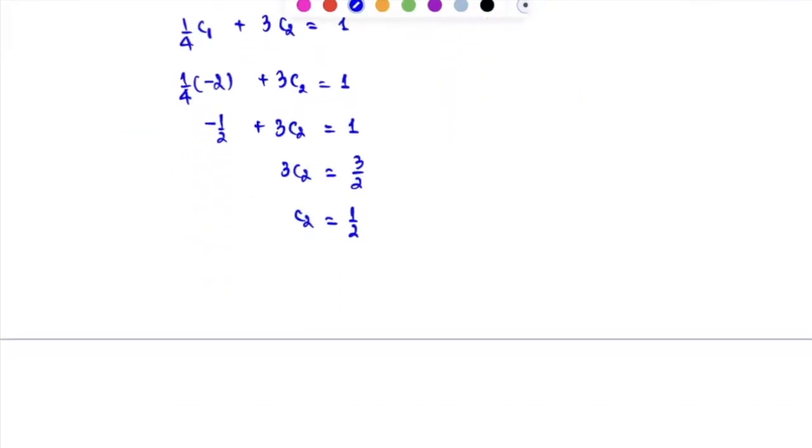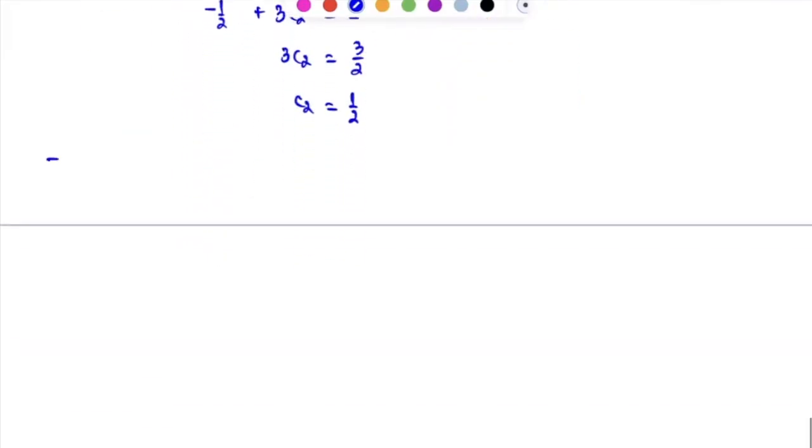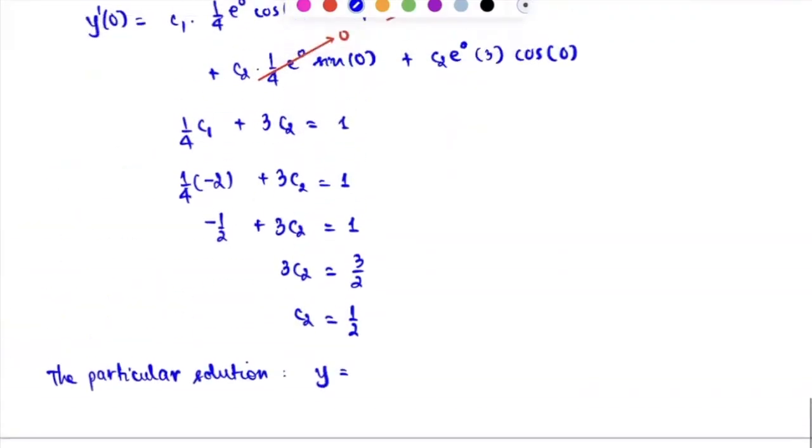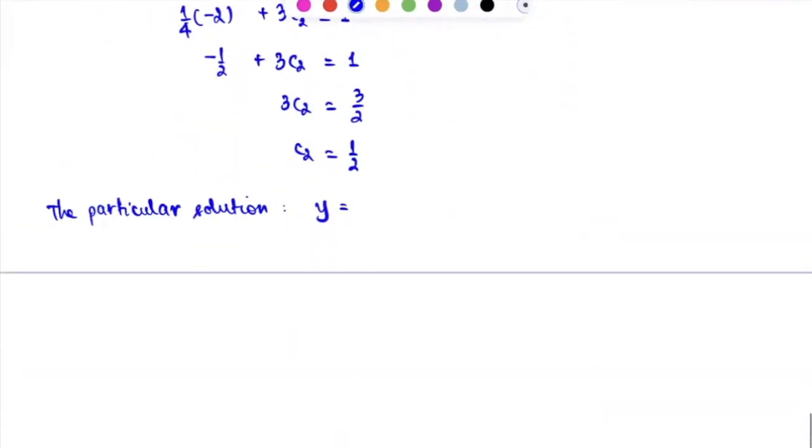And because of this, you have the particular solution of the form y equal to -2 times e to the 1/4 t times cosine of 3t plus 1/2 e to the 1/4 t times sine of 3t.